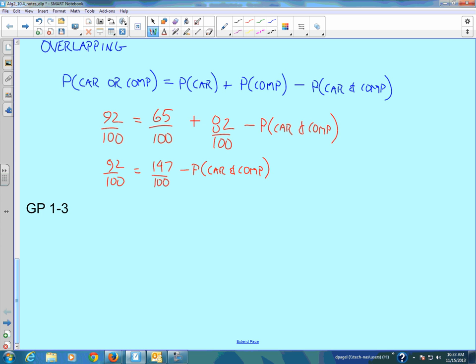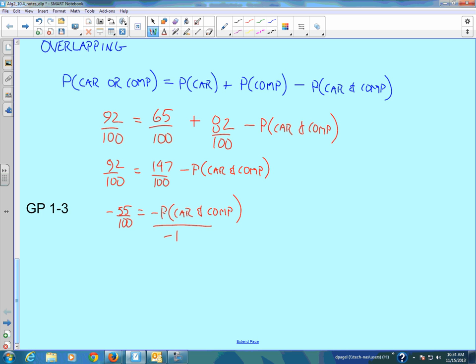Now, probability is always positive, so when I subtract this 147 to the other side, I get a 55. It's negative right now, but I have a negative probability, so I just divide out that negative 1 from here. This is what's going to give me my positive probability.